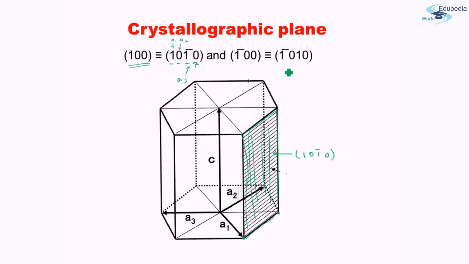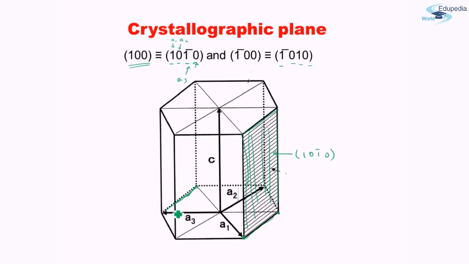Now let us see bar 1 0 1 0. So the A1 intercept will be -1. So instead of coming 1 unit over here, we go 1 unit backwards. A2 is 0, so again parallel to A2, so this will be my line.